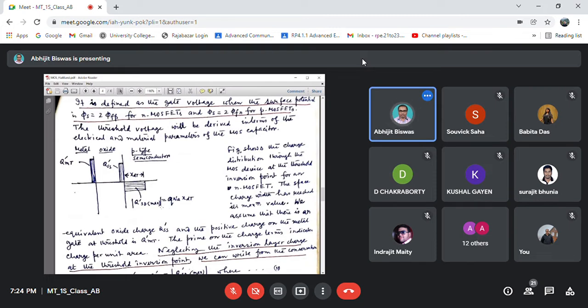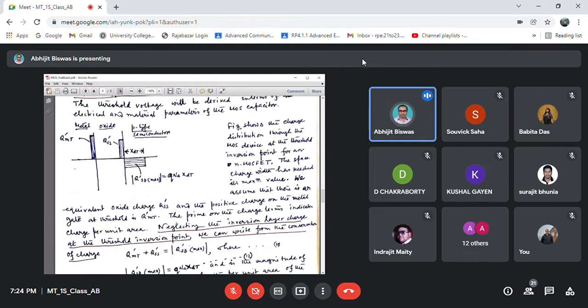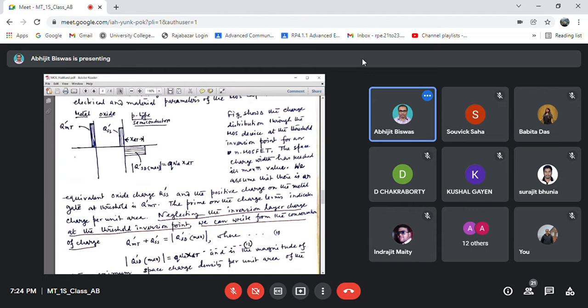Here the inversion charge density is very small, so we neglect it at the threshold inversion point. Neglecting this inversion charge density, we can write from the conservation of charge: Q dash MT plus Q dash SS equals mod of Q dash SD maximum.